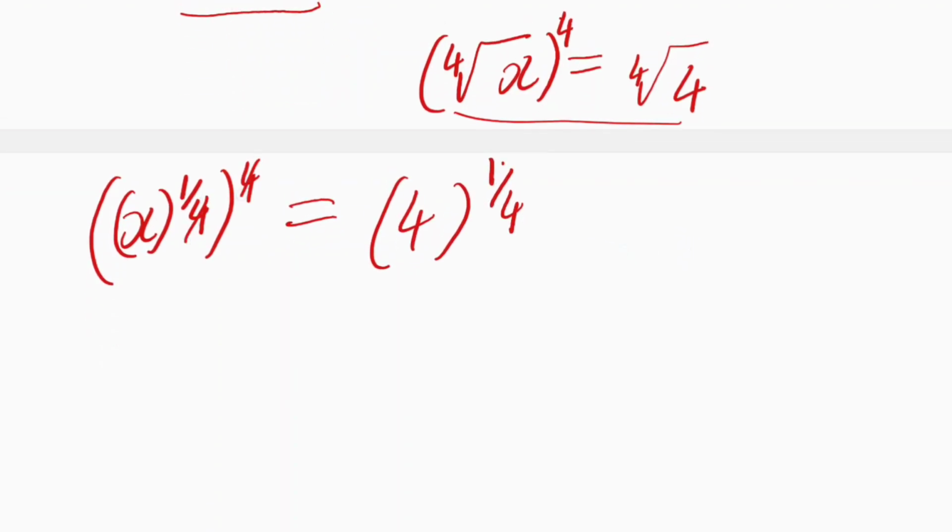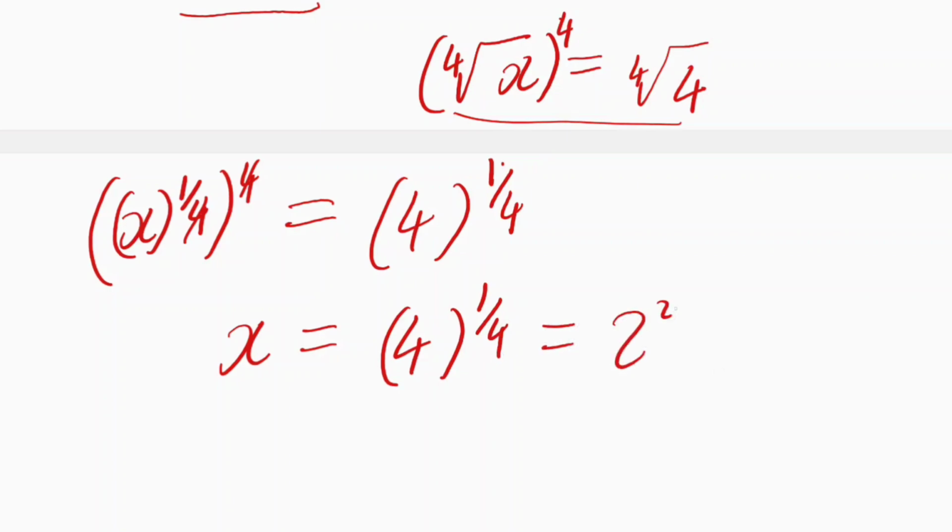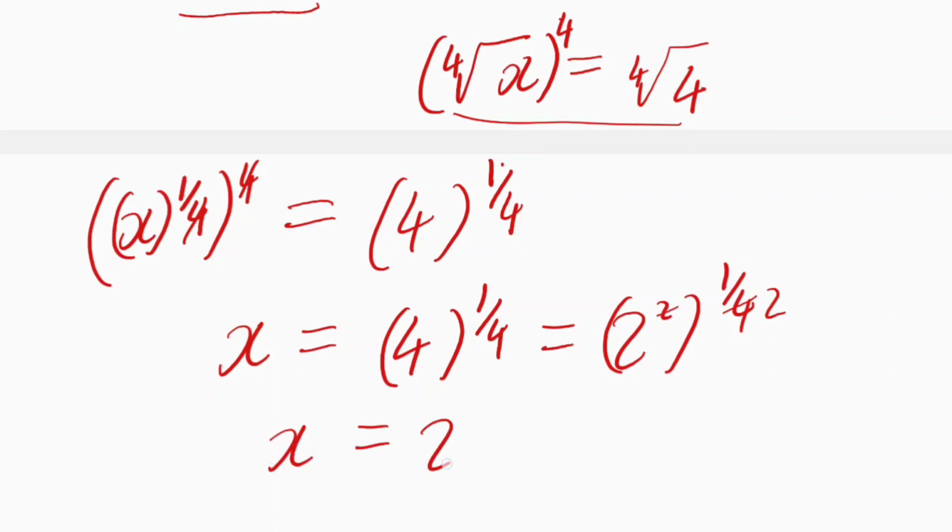The 4s cancel, so x is simply equal to 4 to the power 1 on 4, which is equal to 2 squared to the power 1 on 4. This cancels, giving us 2. Our x is simply 2 to the power half, which is the square root of 2.